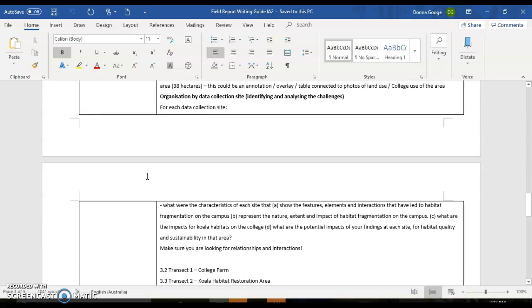I thought of a couple of different ways of doing the analysis. You could do it by focus, such as habitat fragmentation or soil erosion. You could do it by koala area or whatever. I was worried it might get a little bit repetitive, but I didn't have all the information that you have in front of me.